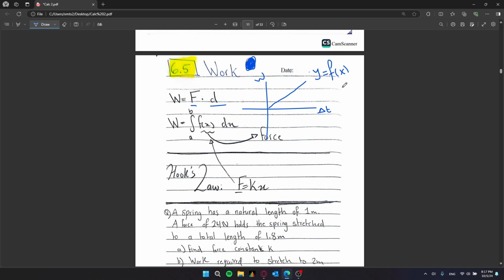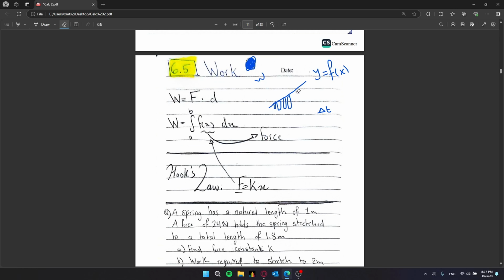It's a function of x. And the distance that you are doing it over is just going to be the small slices of the time interval that you are exerting the force over. So another way to express this, this is expressed in terms of physics. You can express it in terms of calculus as this function here. You express it as the integration from a to b of f of x.